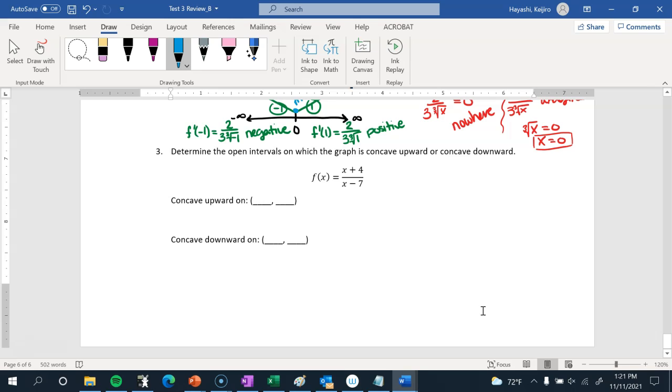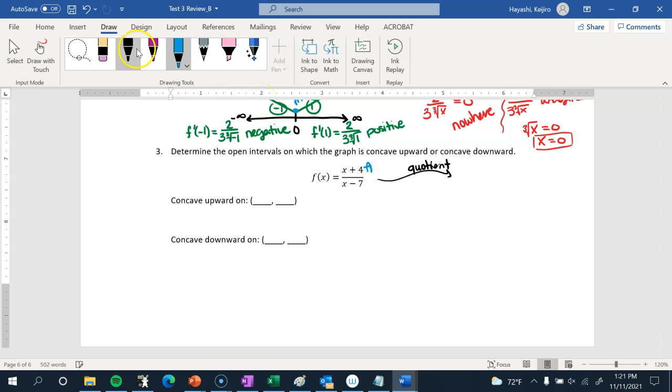And last, we have this rational function, which we're going to try to analyze the concavity of. Now, this is a rational function, so in order to take the derivative, we'll use the quotient rule.